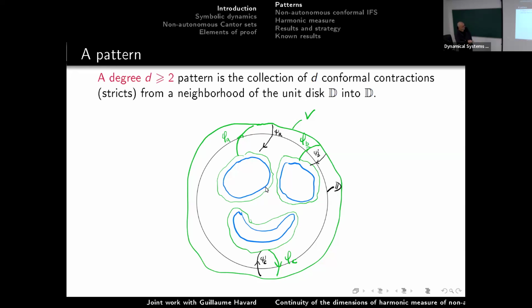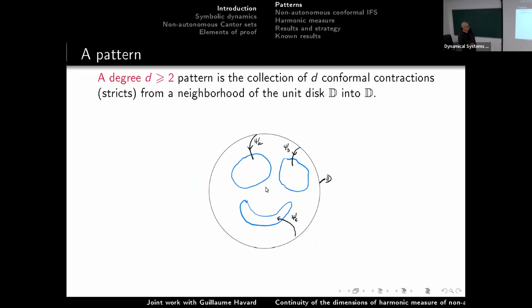We assume that our conformal maps are defined in a neighborhood of the disk, which is of course sent into a neighborhood of these blue domains. This I will call a pattern.